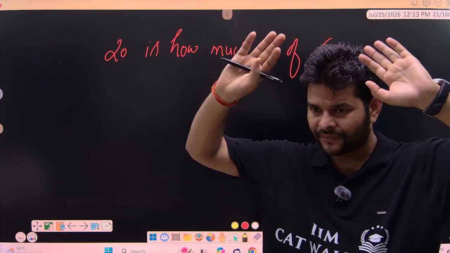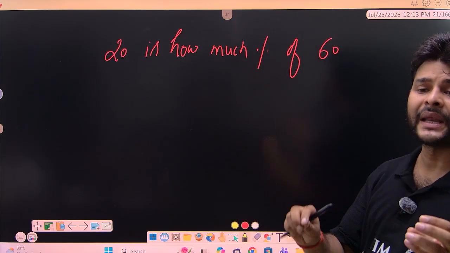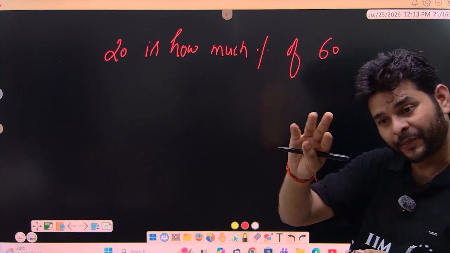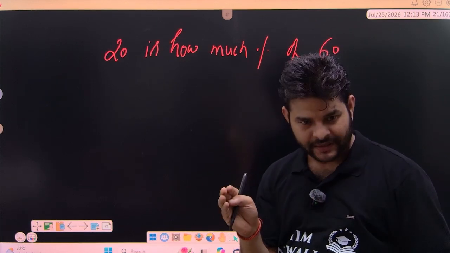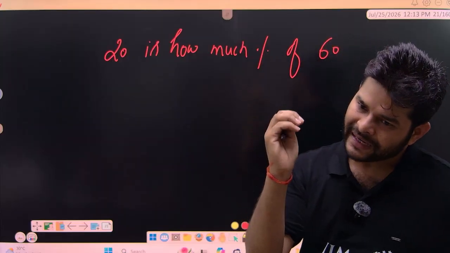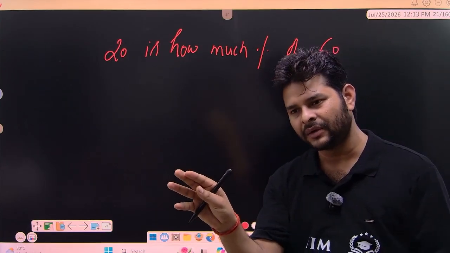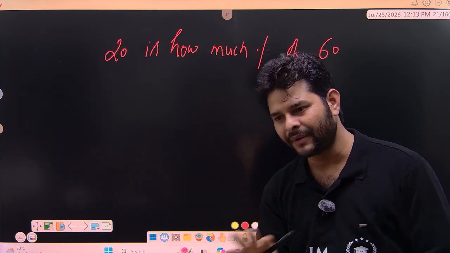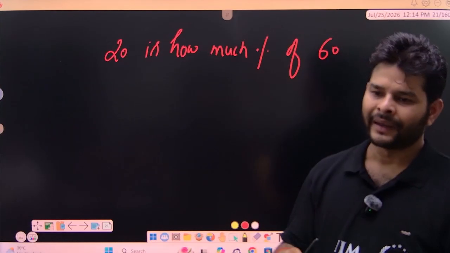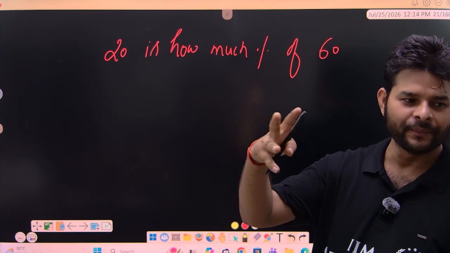Directly we are comparing with which value? 60. So the concept would be the same. In the entire mathematics, the value with which you are comparing, you need to put that value in the denominator forever. Repeat with me: any value with which we are comparing.